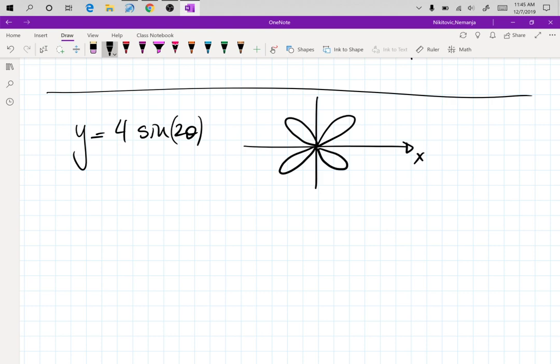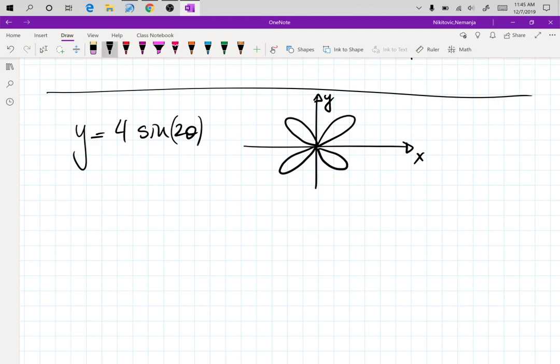This sits in the xy coordinate system, but the polar coordinates are used to trace this flower. Is this a function? The answer is no, right? It fails the vertical line test. It's not a function. So we can't do derivatives and integrals and all of that stuff easily, because calculus likes functions.